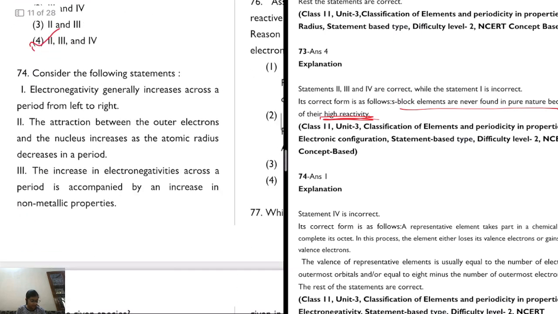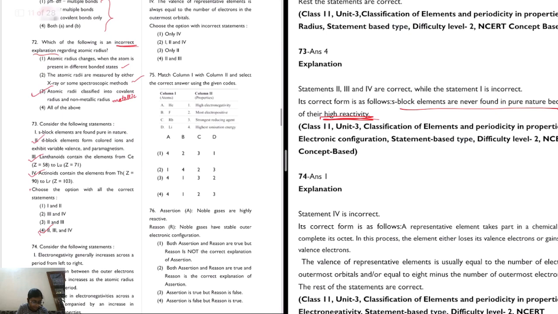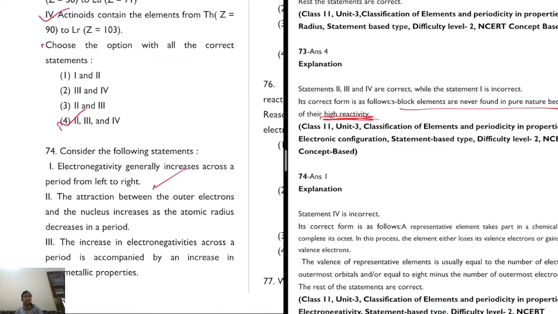Consider the following statements. Electronegativity generally increases across the period from left to right. Here we have to tell the incorrect statements. So this is the correct statement: size decreases, electronegativity will increase.